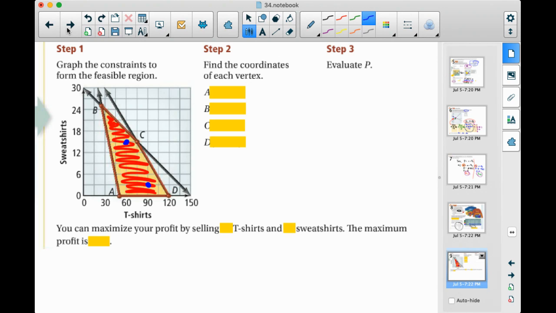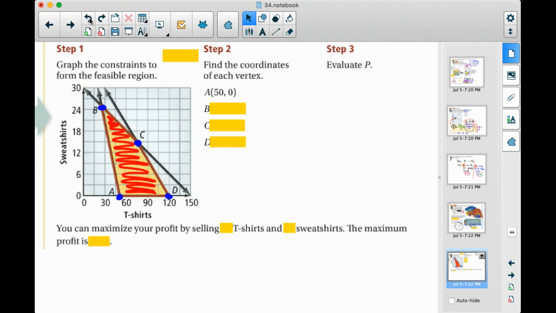So let's look at our intersection points, or vertices. 1, 2, 3, and 4. Okay, so our first one, A, is (50, 0). All right, (50, 0), that's going to be this one right here. Is this one our maximum or minimum? Let's check. So plug in, all right?